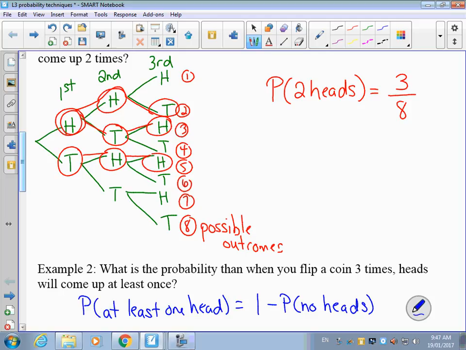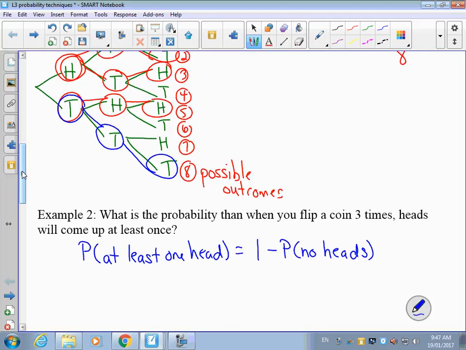There's so many options where there's at least 1 head, it's easier to look for where I don't get any heads tossed at all. So if I look where there's no heads tossed at all, well, tails, tails, tails. And in fact, that's the only outcome where I get all tails.